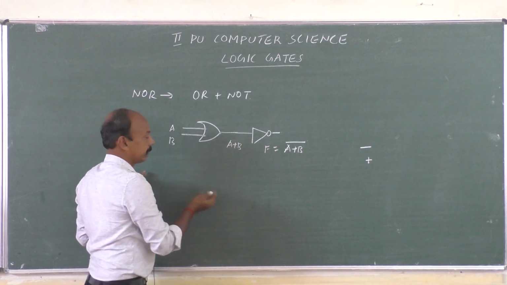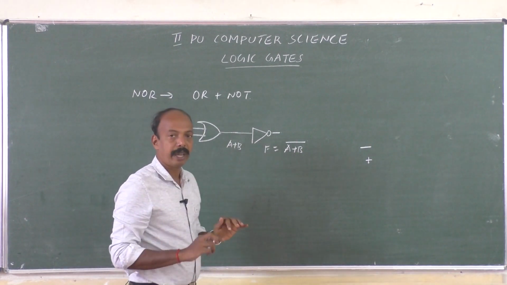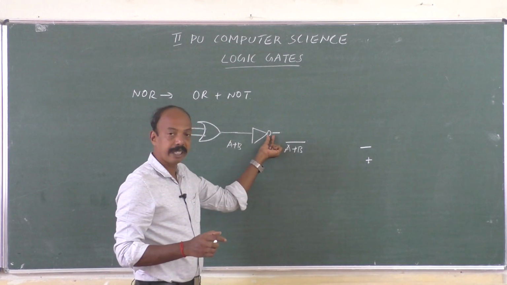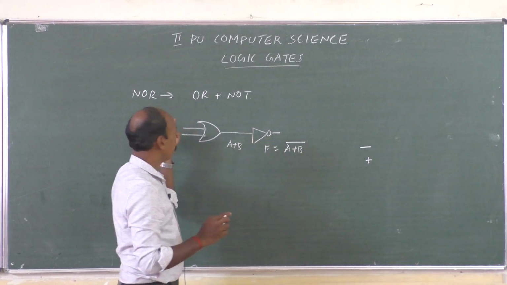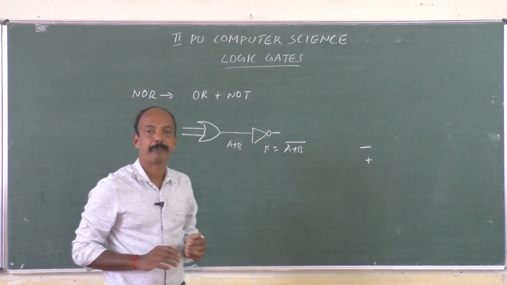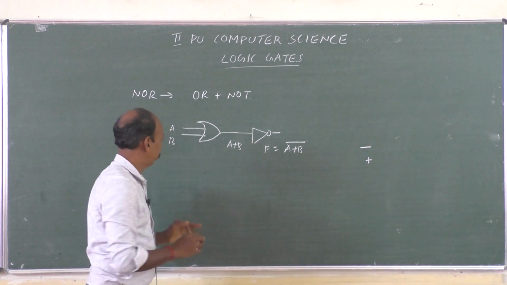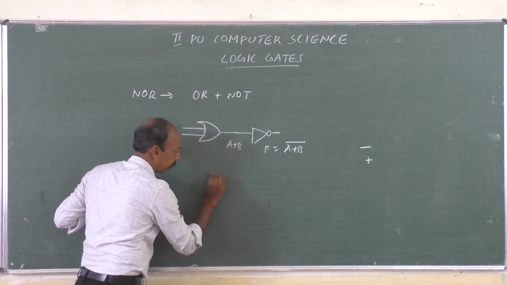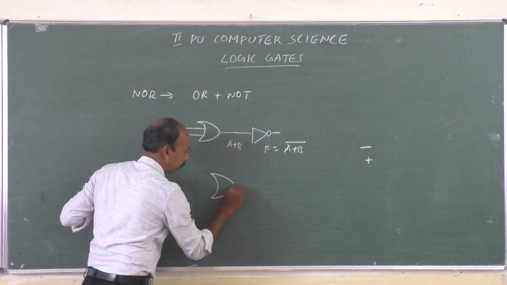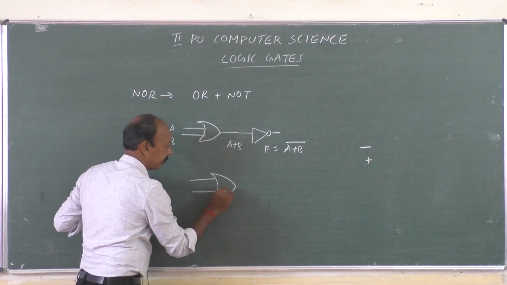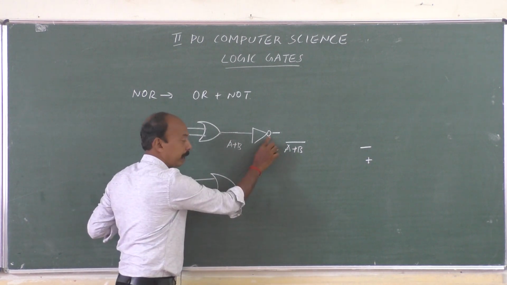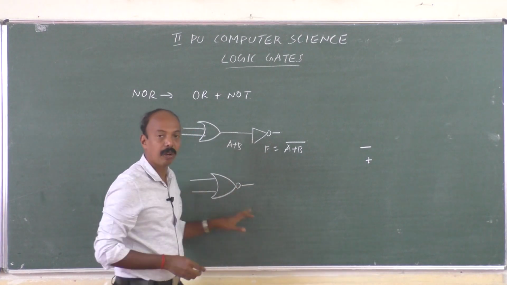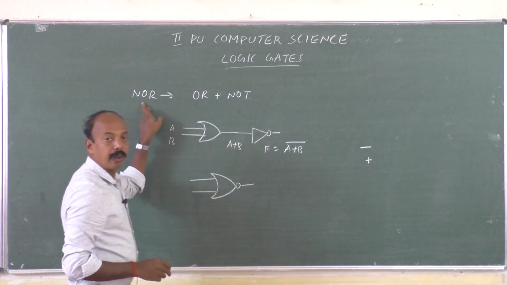Symbolically, just like in the case of a NAND gate, where we wrote the AND gate and placed the bubble of the NOT gate in front of that, in the case of the NOR gate also we do the same. We write the OR gate, and in front of that OR gate we place this bubble, which gives us the symbol of the NOR gate.